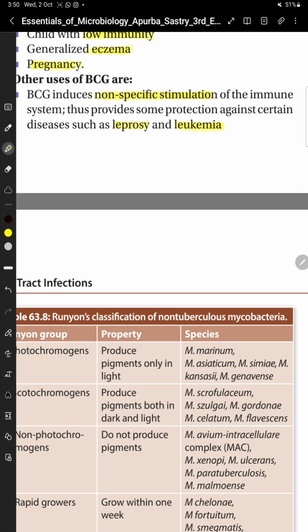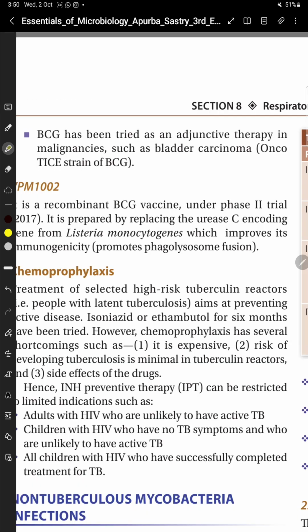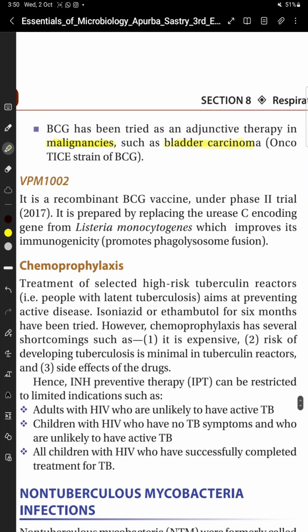BCG has also been tried as an adjunctive therapy in malignancies such as bladder carcinoma, using the Onco-TICE strain of BCG.